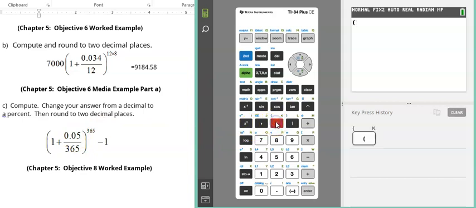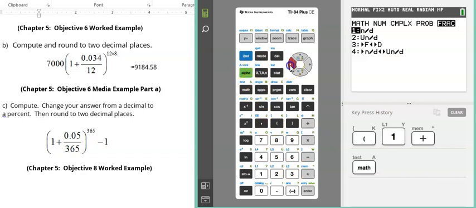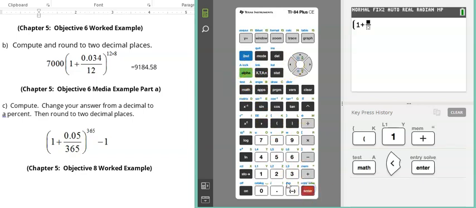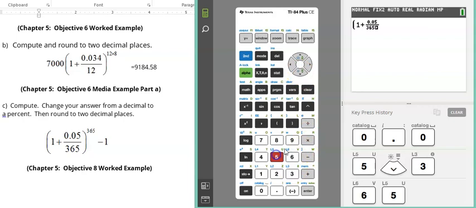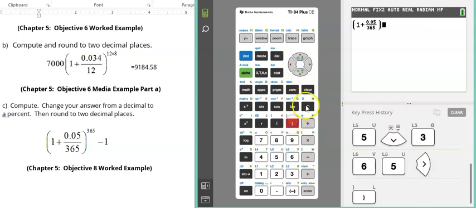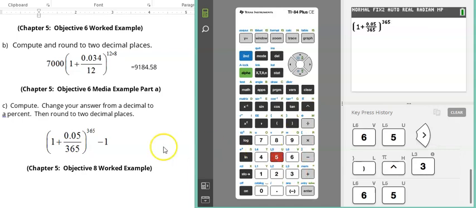So I'm going to enter the parentheses, 1 plus, let's get a fraction, 0.05 over 365, close the parentheses, raise it to the 365 power.